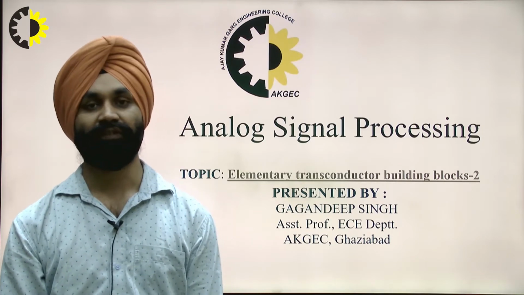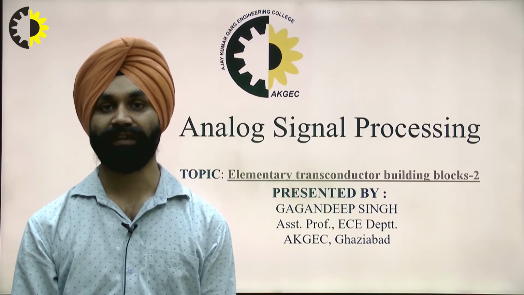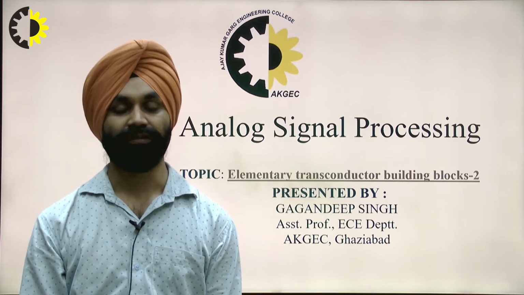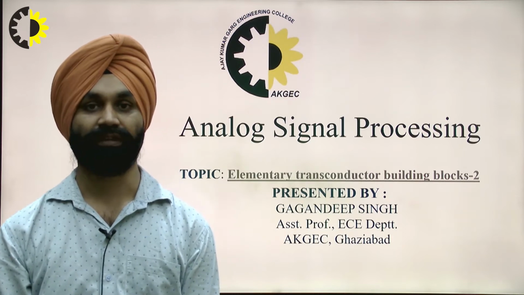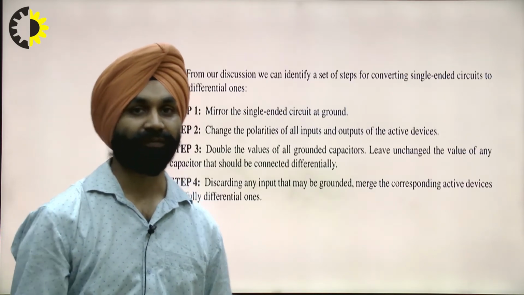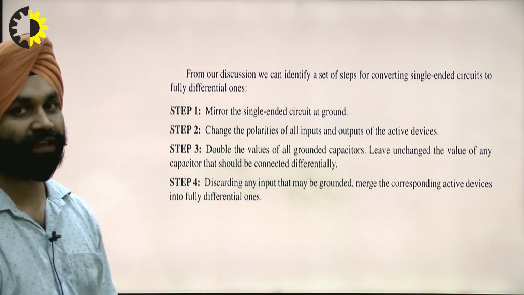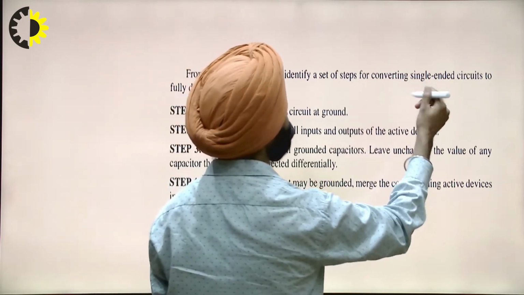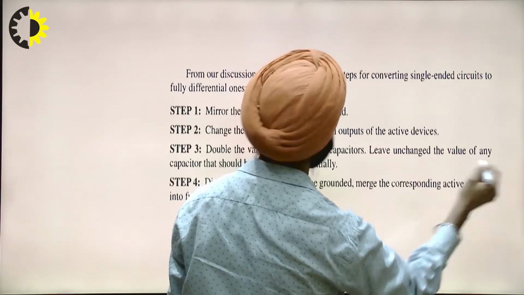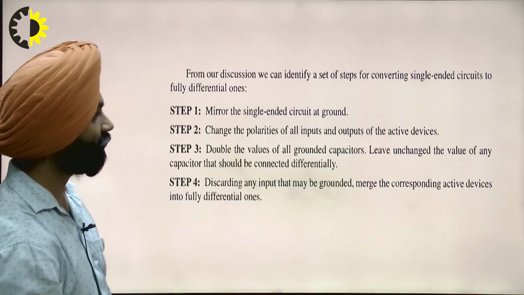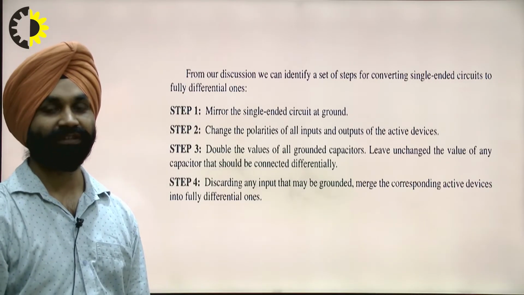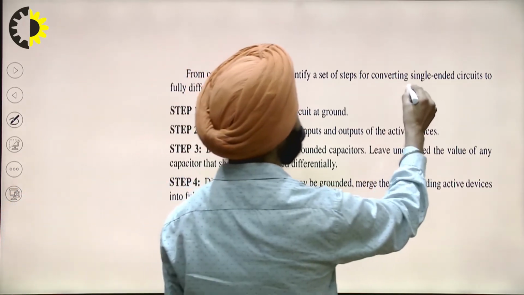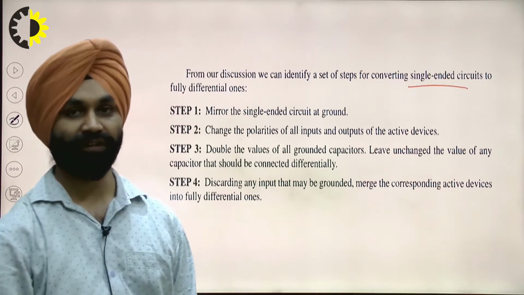In the last lecture, we also saw how a single-ended transconductance circuit can be converted using differential transconductance. So we discussed how single-ended circuits can be converted into the differential form.